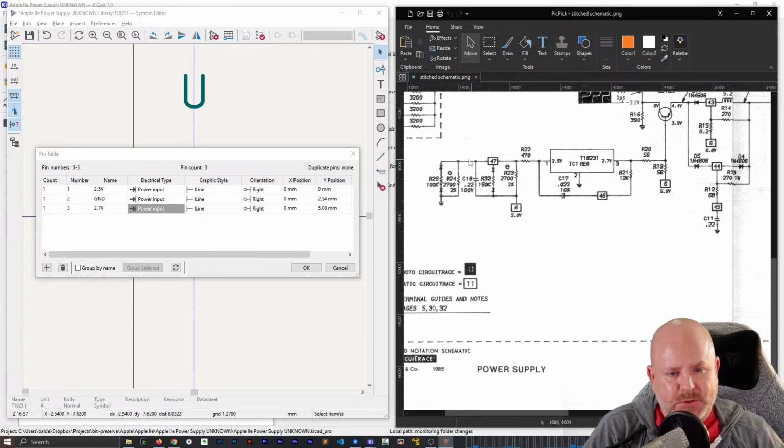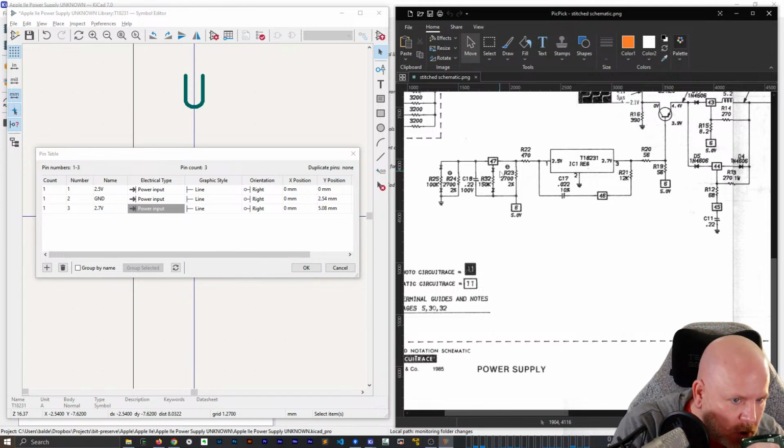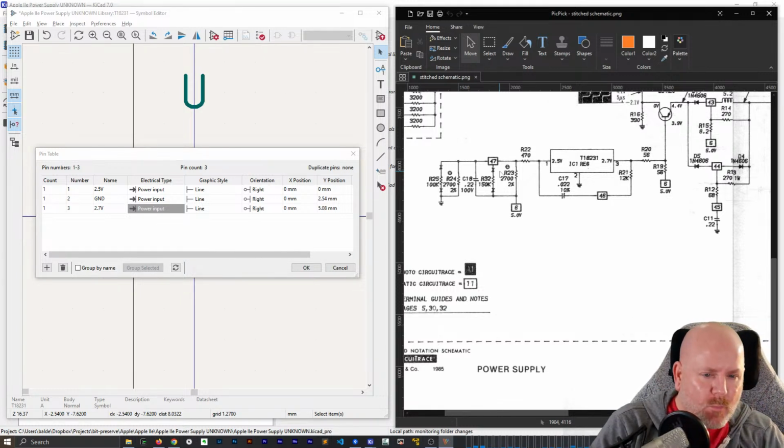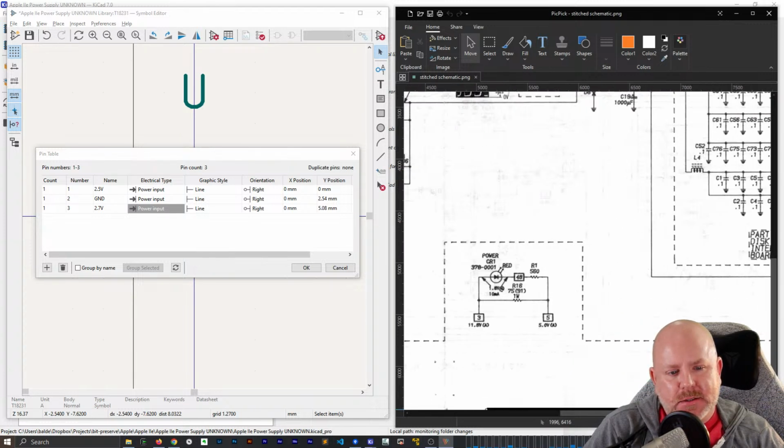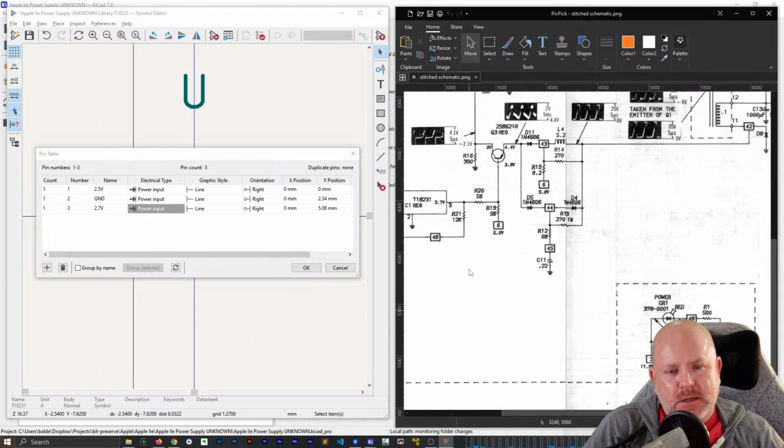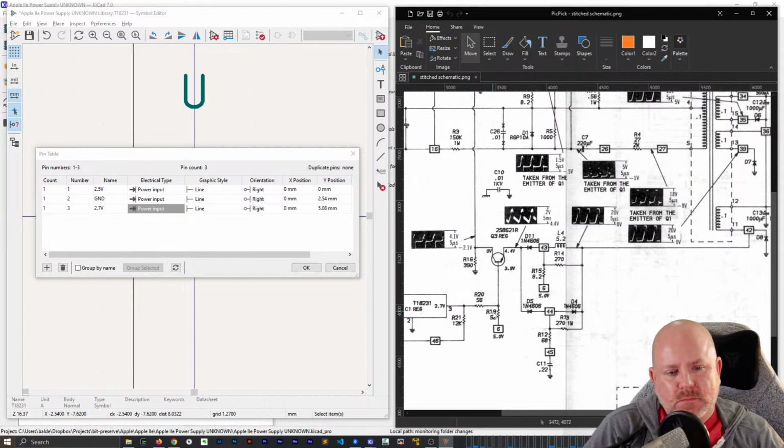So maybe this is a voltage divider. And then I don't know what the rest of this stuff is. Maybe some kind of noise filter. I wonder if this is feedback. And then, nope. Here's another voltage divider-ish looking thing.